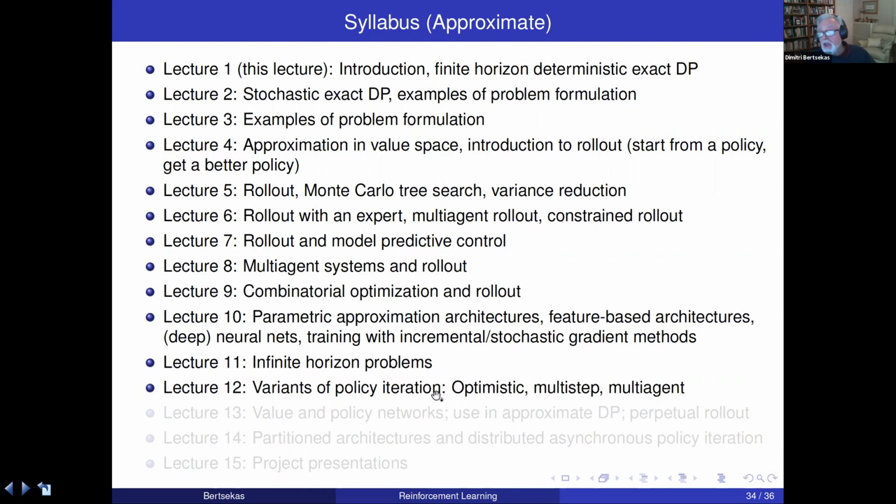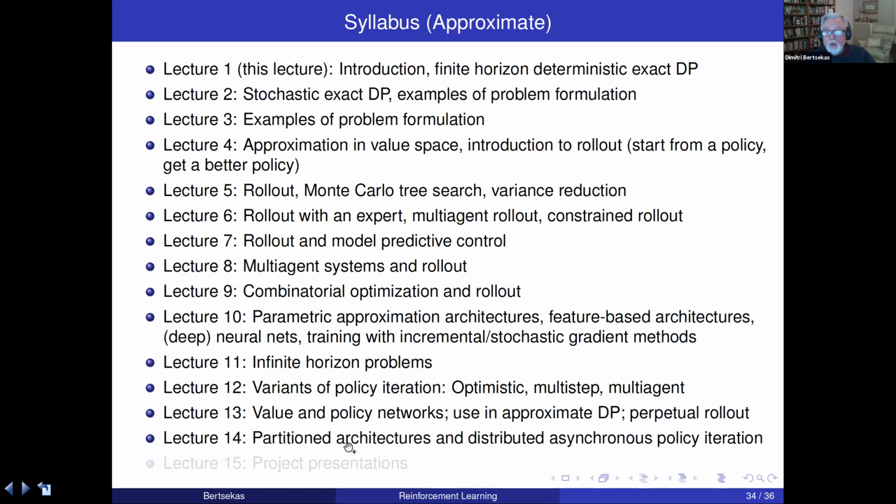A major algorithm is policy iteration. This is the offline training type of algorithm for AlphaZero that I discussed, and various variants of that. The use of policy iteration in connection with value and policy networks. Then I'm going to talk about distributed algorithms that are well suited for parallelization, partitioning the state space in pieces and executing dynamic programming type of algorithms over the different pieces.